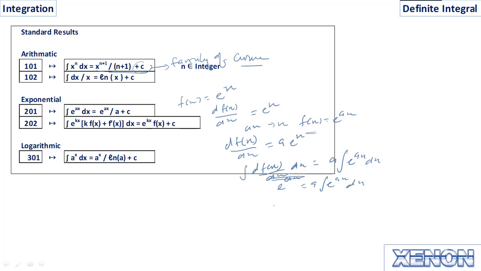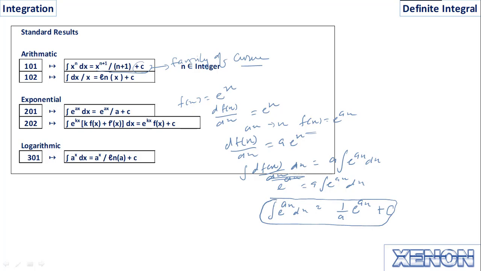So we will get integration of e to the power ax dx equals 1 upon a e to the power ax, right? Actually, we will also assign some constant c in this case to get the entire family of this particular function, right?